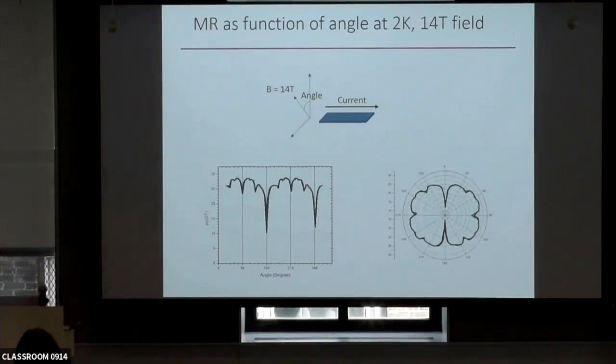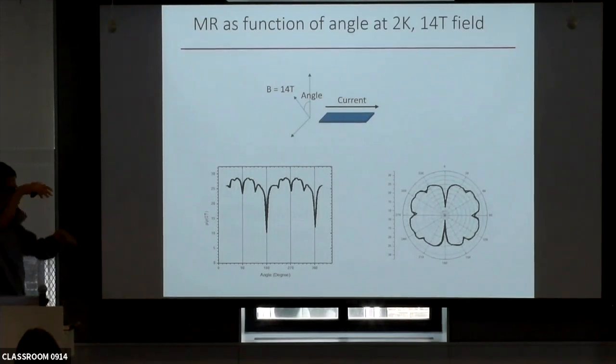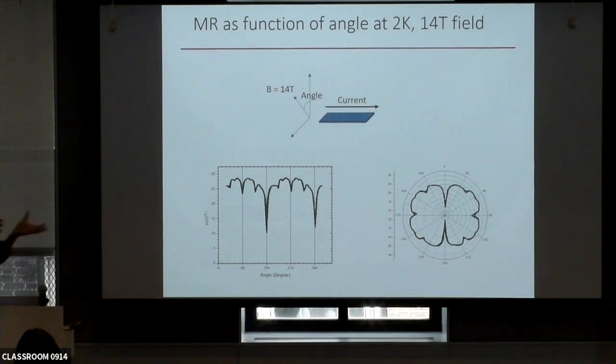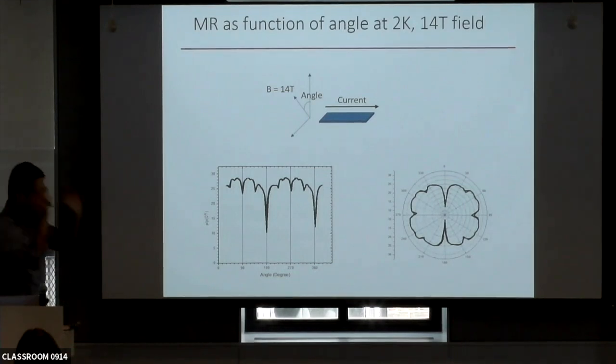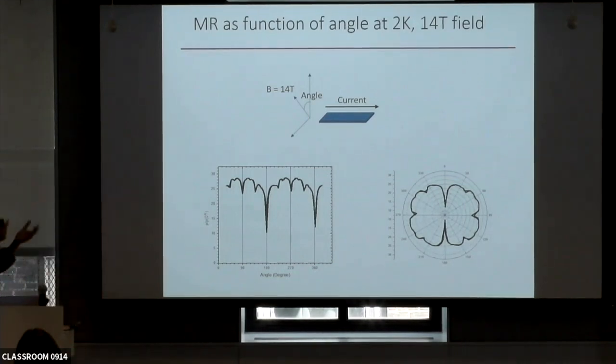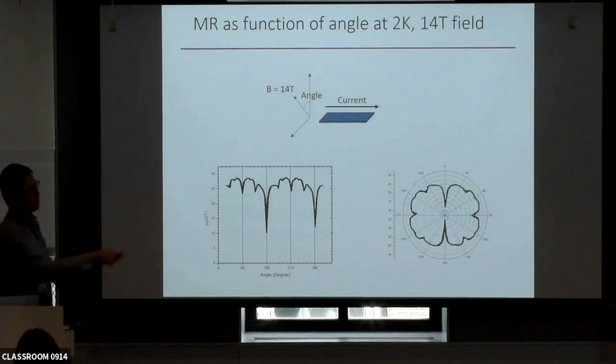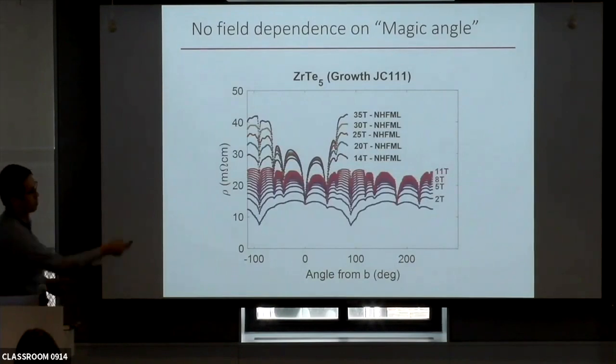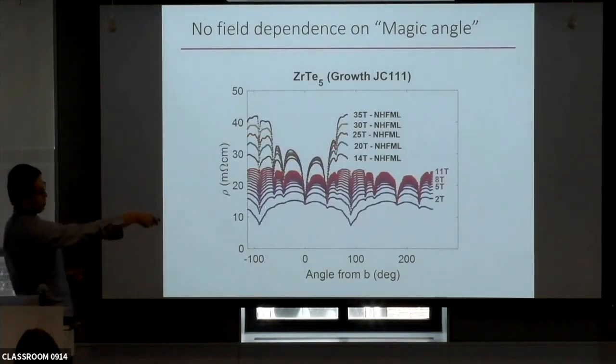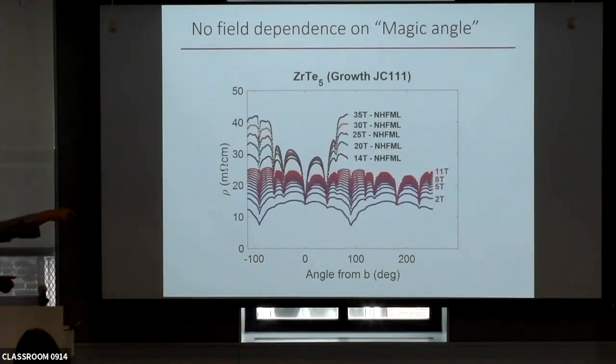There are no more Shubnikov-de Haas oscillations, and you're not seeing any feature in the Fermi surface. All the electrons are already squeezed into one Landau level, so there's no extra factor to give you the angle dependence. And this is definitely not quantum oscillation, because if you go to higher field, this angle doesn't change as a function of field. It's always staying at the same angles at any given field.